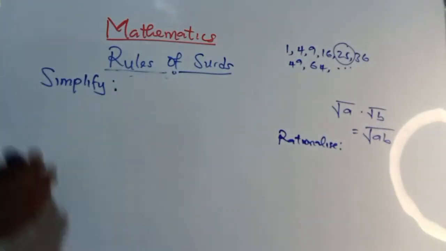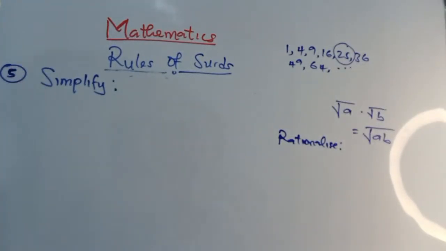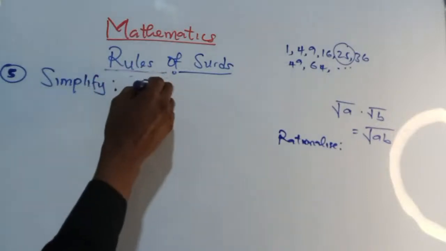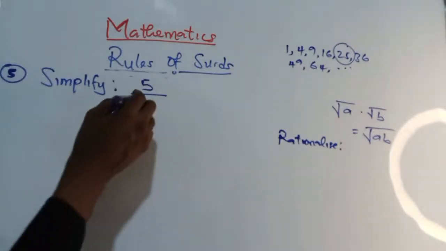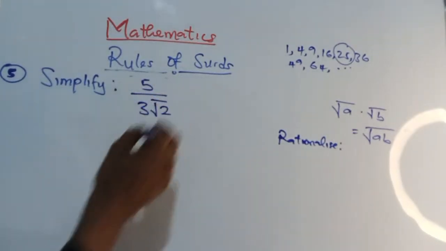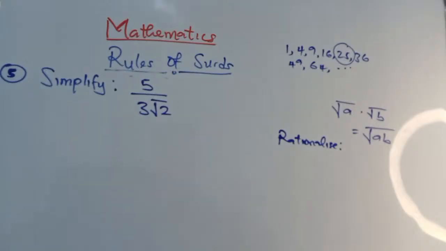All right, so let's rationalize 5 over 3 root 2.